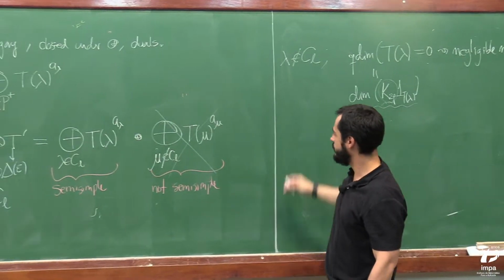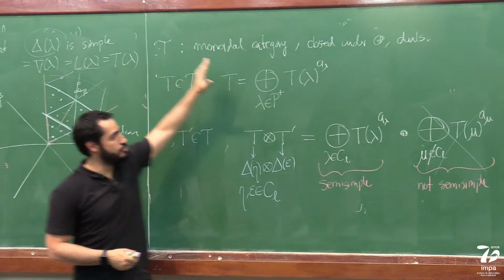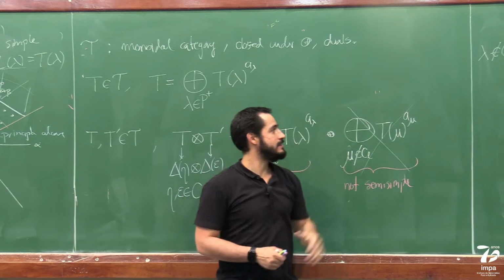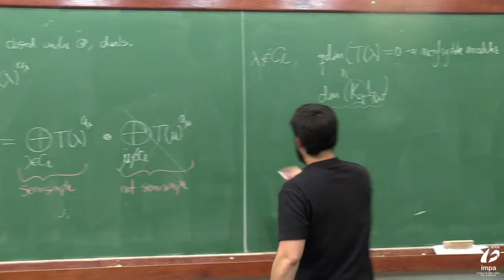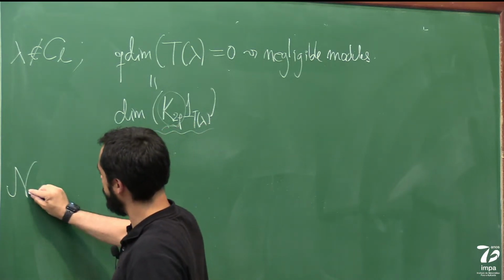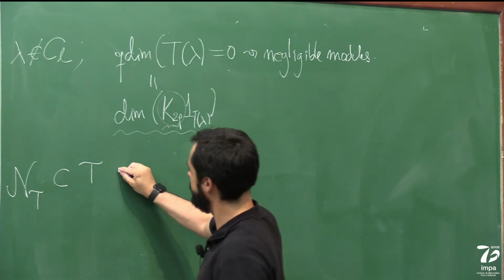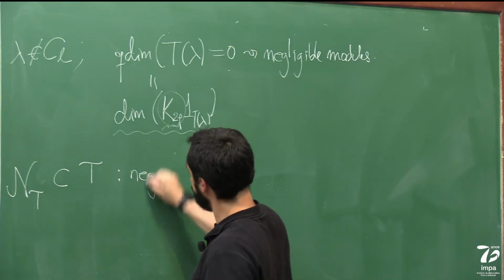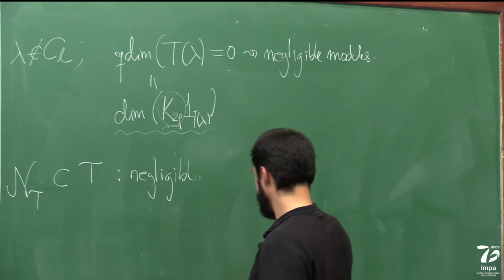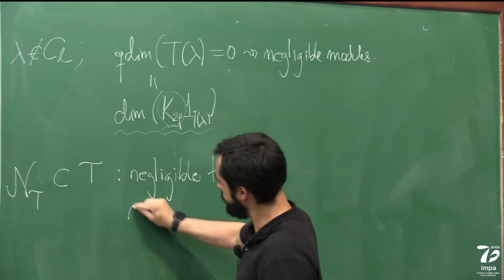So what I want to do is to erase, in the category of all tilting modules, all the modules with quantum dimension equal to 0. This is the trick. So I will define a new category, let's call it NT. This is a subcategory of T, and these are the negligible tilting modules.